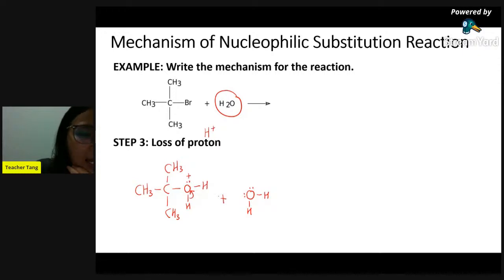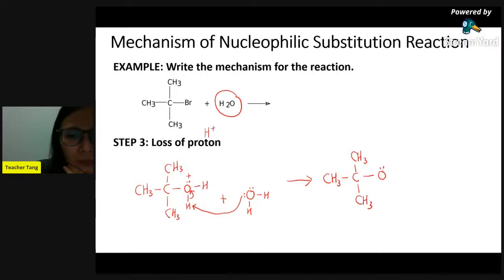And then someone needs to take this hydrogen. So who will come in to take the hydrogen? The lone pair of the oxygen. So you get this. You get your product and H3O plus.